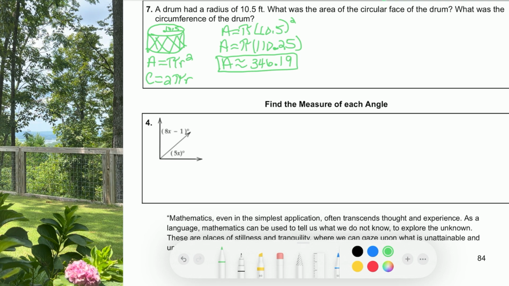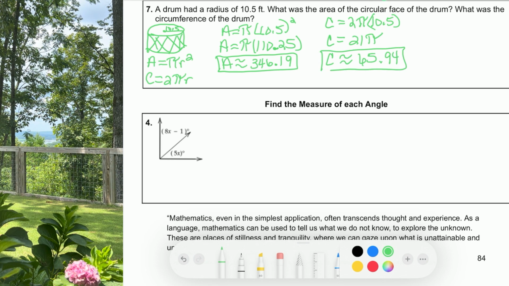Now let's look for our circumference. So C equals 2 pi r. The r is 10.5. 10.5 times 2 is 21. 21 times pi is roughly 65.94. So we have area and circumference.